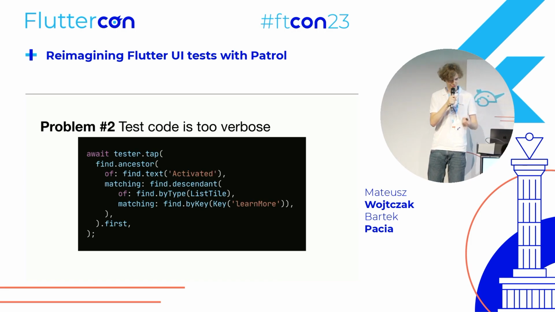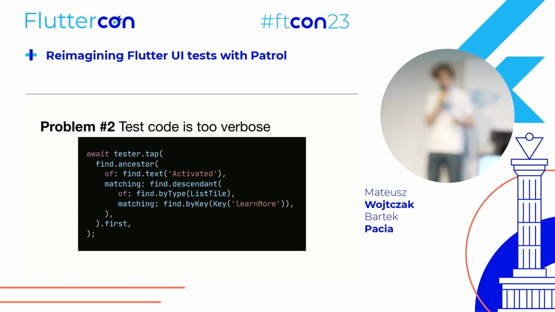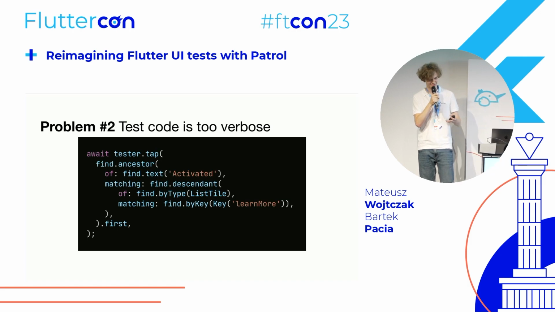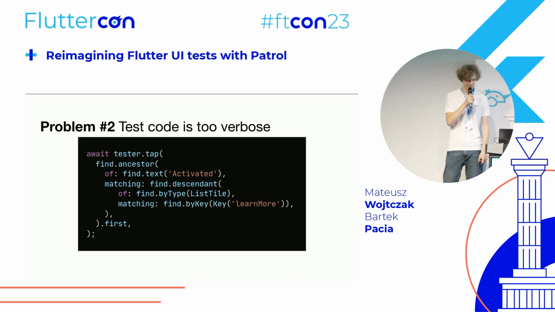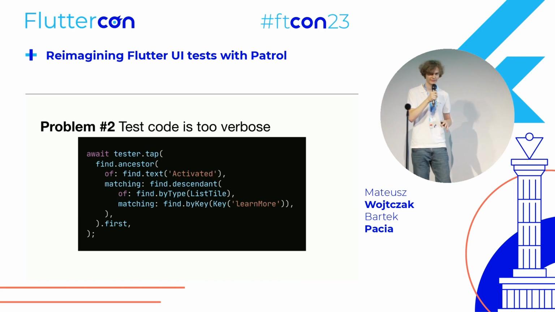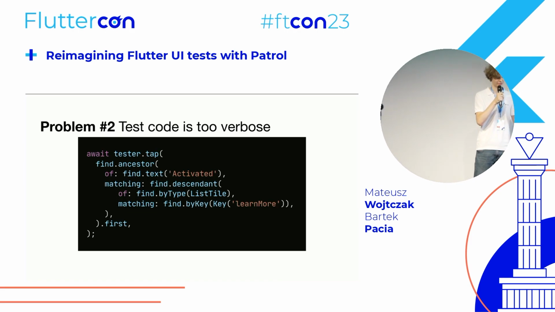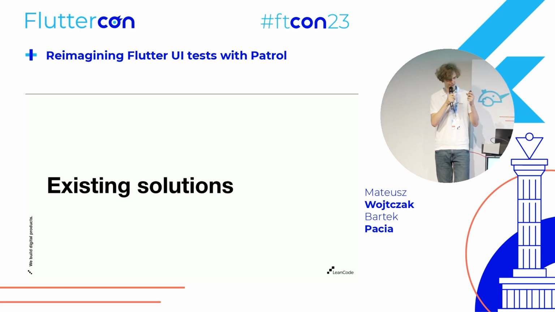And after 2 or 3 levels of such nested finders, you can't even decipher what it is doing. It's so hard to read. Of course, they don't happen that often, but nevertheless, in more complex apps and more complex tests, they do happen, and we'd rather not have to write that very long verbose code ourselves.